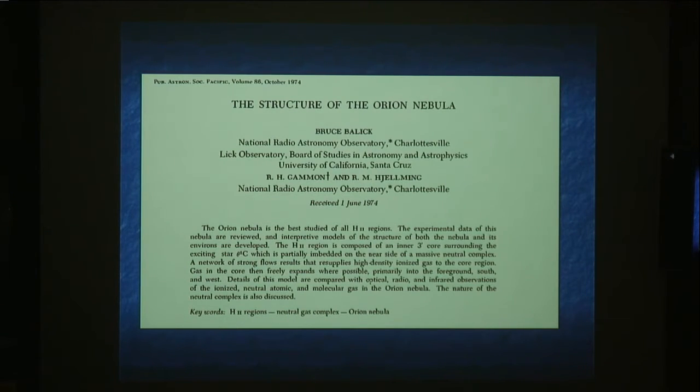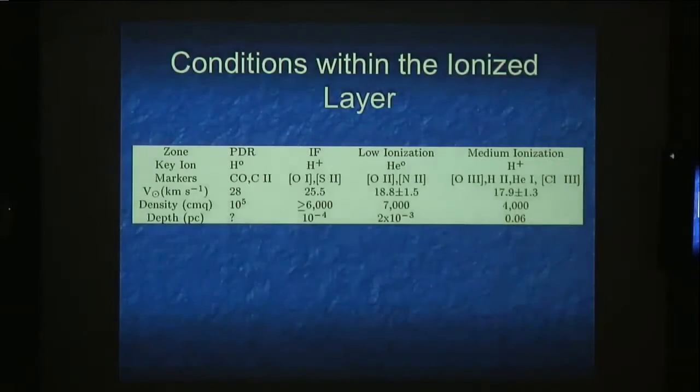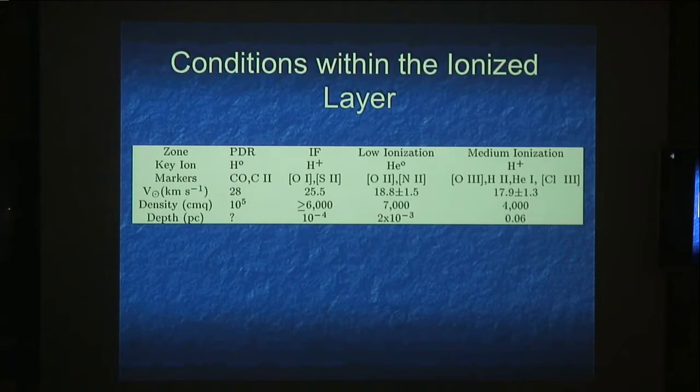And so the conclusion was that Orion was an ionized blister on the front of a giant molecular cloud. With time, improved spectroscopy has proven that to be the case, as you look at different tracers.